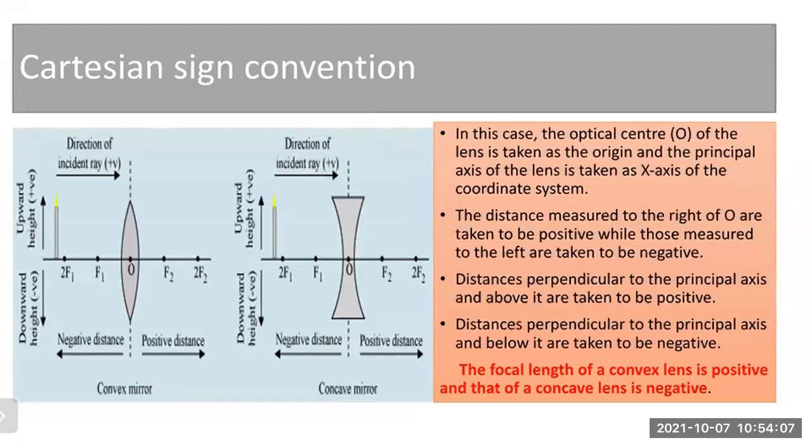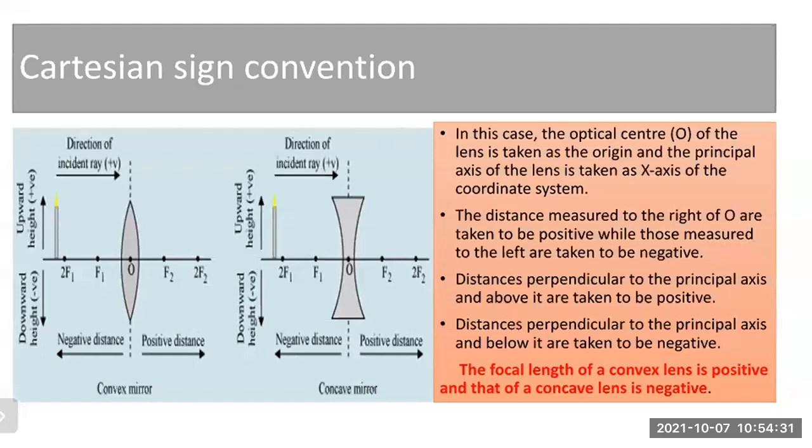Distances measured to the right of O are taken to be positive, while those measured to the left are taken to be negative.